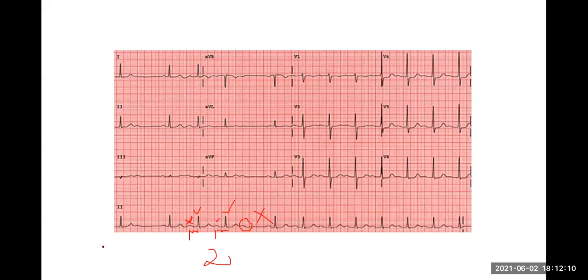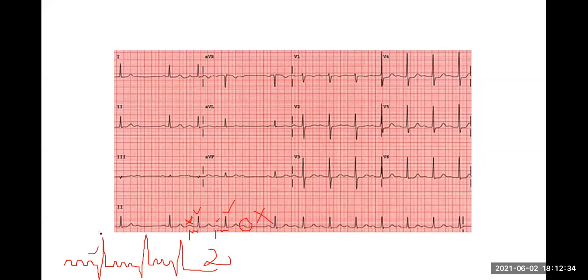Type 3 is something like this. Unfortunately, I don't have an ECG, I should have put that on. P wave, P wave, P wave, QRS complex. P wave, P wave, P wave, QRS complex. P wave, P wave, P wave, QRS complex.